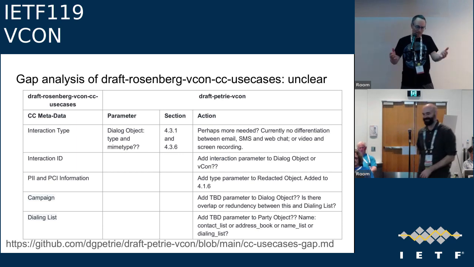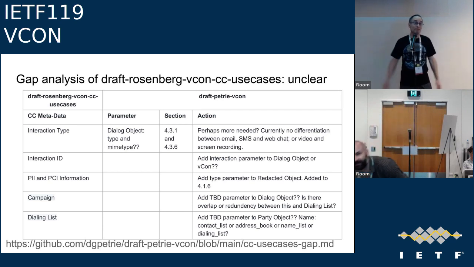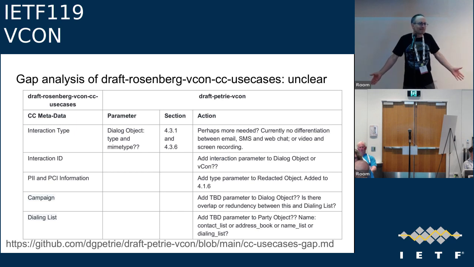Of the things I threw out there, I think contact list is a more appropriate term than dialing list. Yeah, I agree. Thank you. Likewise, any thoughts on the name for campaign? Is that reasonable to use as such?